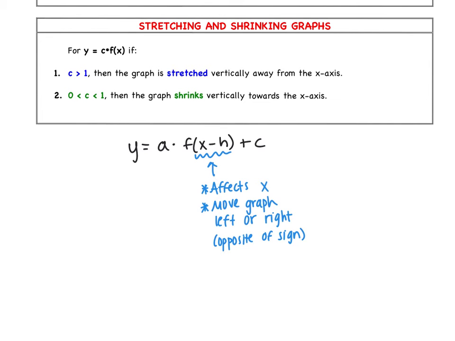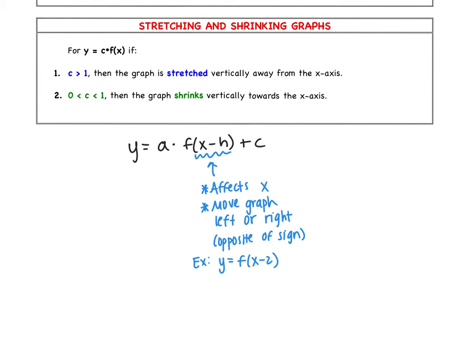So for example, if we had something like this, y equals f of x minus 2. It's in the parentheses with f, so that will affect x. If we think on a number line of -2, -2 is going to be which way on a number line, left or right?